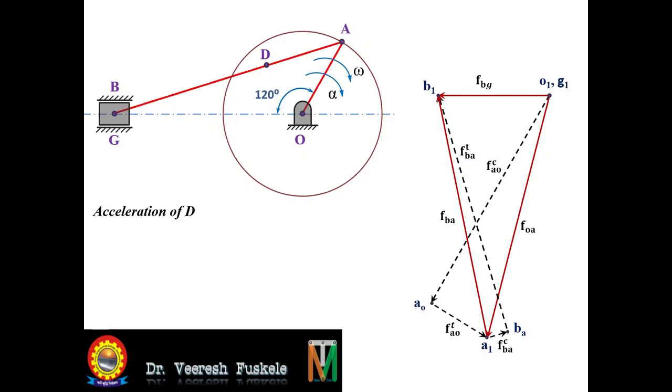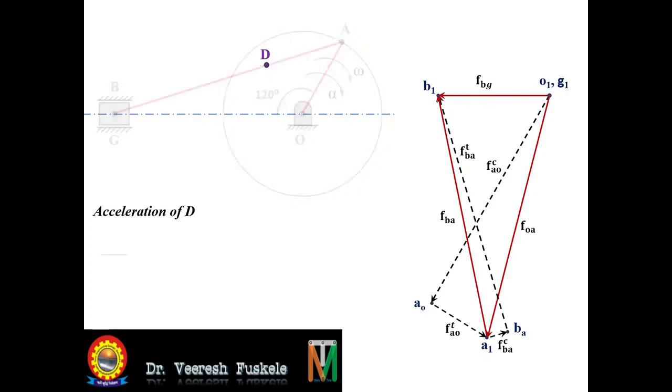As we know, any intermediate point on any link divides the acceleration vector in the same ratio as it divides the link in the configuration diagram. So to get point D1, we can write this ratio as A1D1 by A1B1 is equal to length AD by length AB.